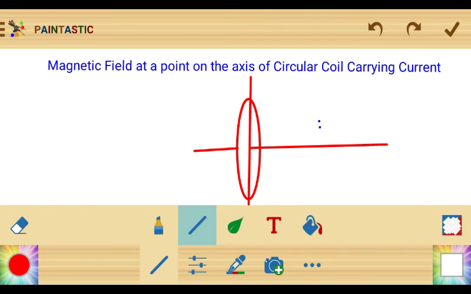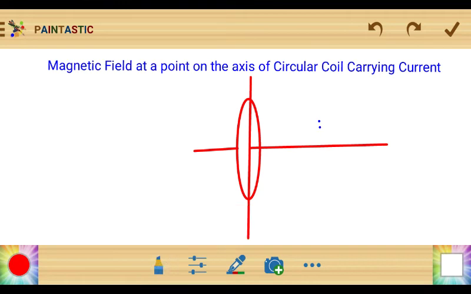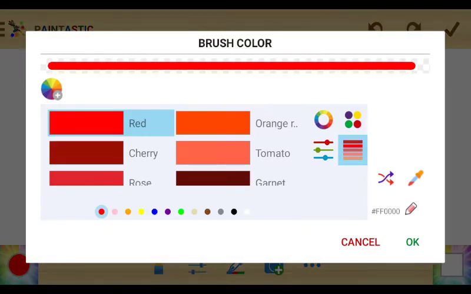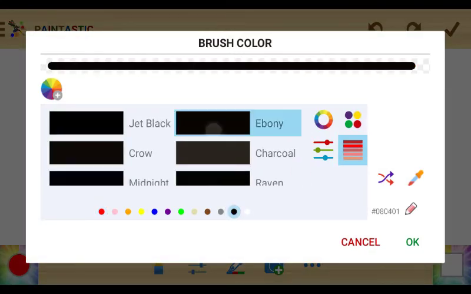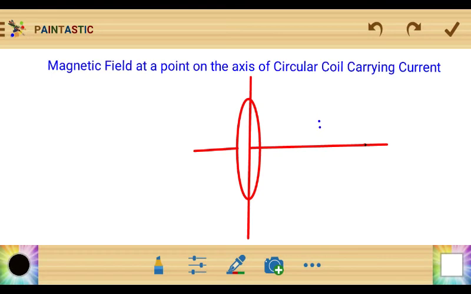There are two axes. Now here in our case, the point P is anywhere on this axis. Let's say point P is here. So here we have to find the magnetic field due to this circular coil. And remember, this is an axis passing through the center.